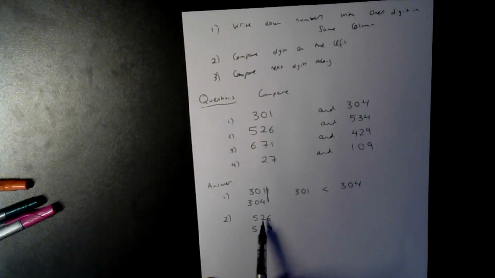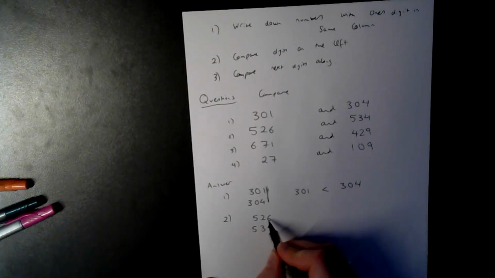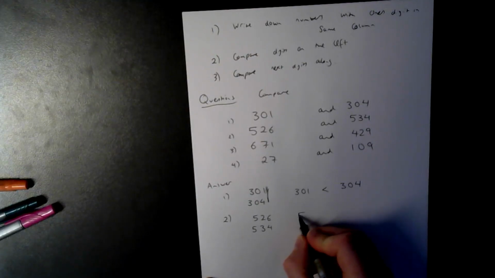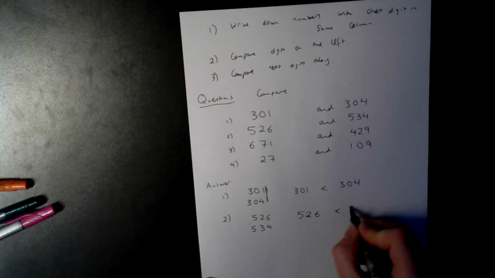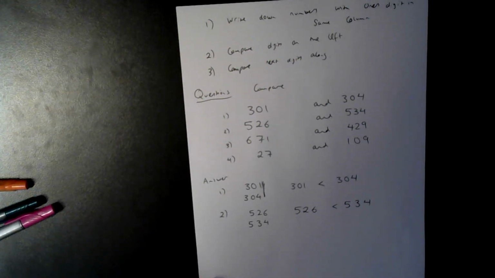But if we compare the tens digit, this 2 is less than the 3 here. And so that must mean that this number with the 2 is less than this number with the 3. So 526 is less than 534.